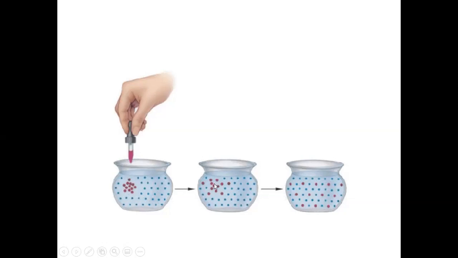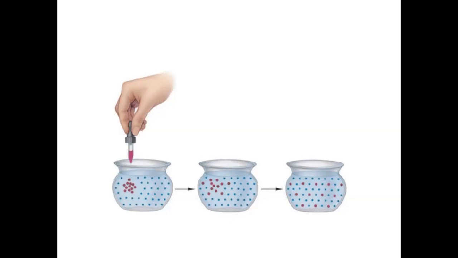But if you're patient enough and wait a sufficiently long time, eventually you'll see that this very dark red droplet is going to become more and more pinkish, and eventually instead of having a cluster of these red ink molecules, they are going to be uniformly distributed within this tank of water, and you will see a very uniform, homogeneous mixture of pink liquid.